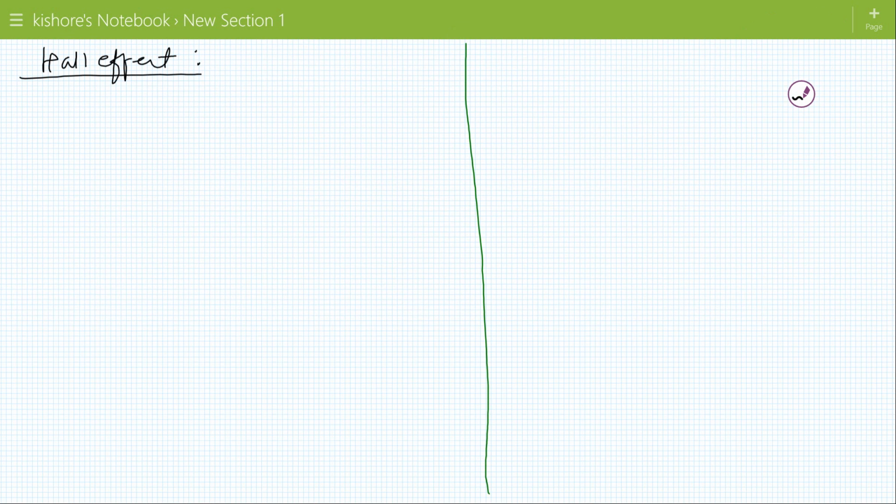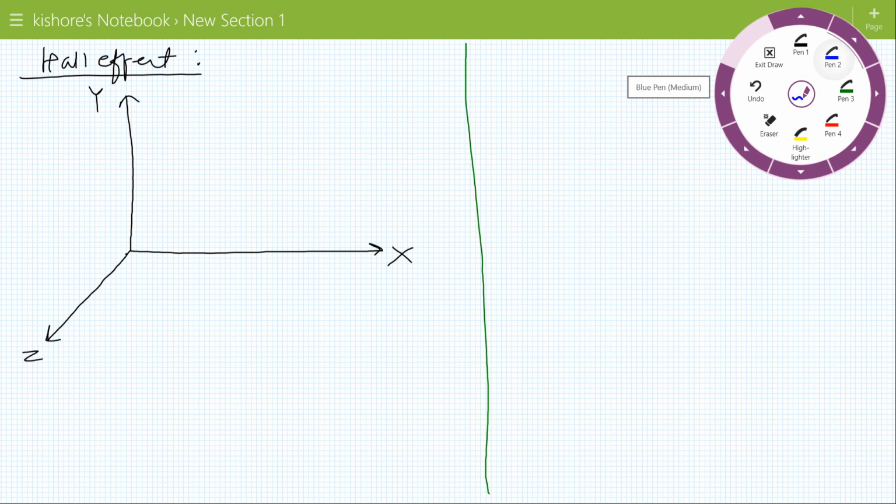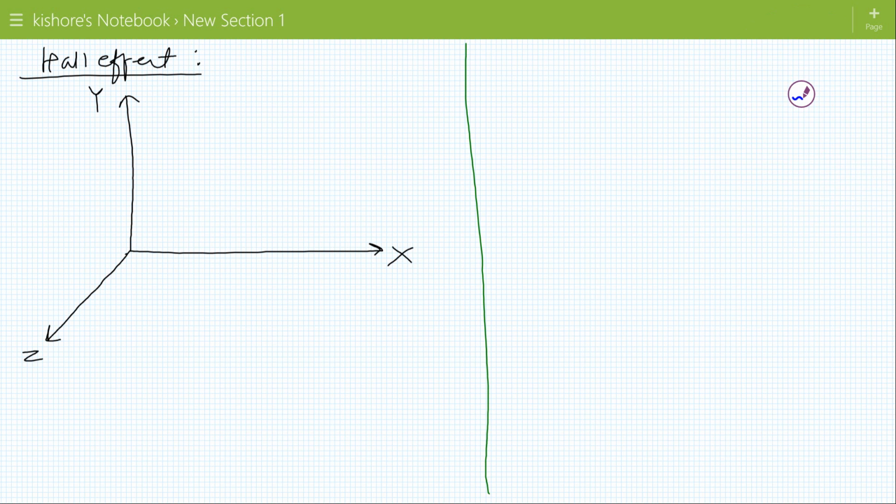In this Hall effect, we have a piece of semiconductor in the presence of a magnetic field. This is the semiconductor kept in the presence of a magnetic field. Suppose this is a P type semiconductor.